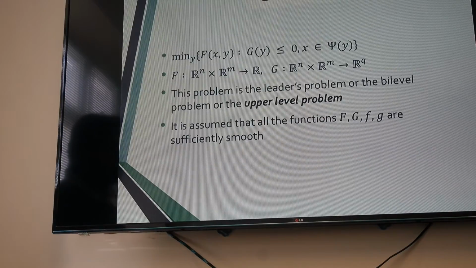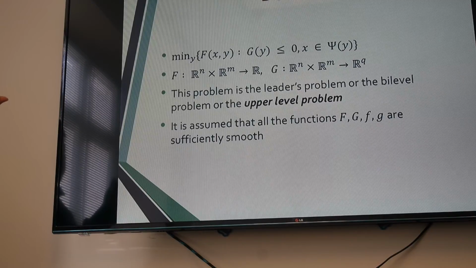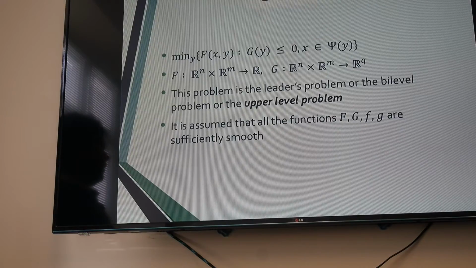When we go to the higher level, we have a minimization of F of x of y, y subject to G of y less than or equal to 0. And notice here that we have only y because x is fixed from the previous level. And x has to belong to that C. So x is now a parameter for this? x is like a parameter, yes.